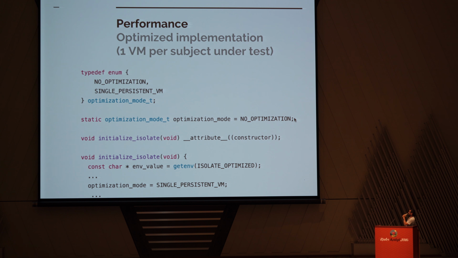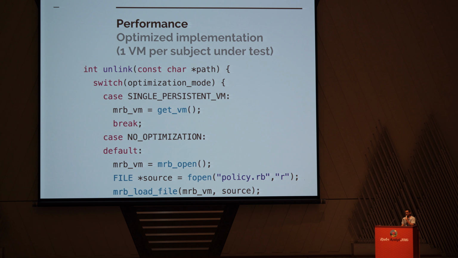It was also a way to get some arguments from the environment, like the isolate optimized thing. Based on that, at the top of the unlink function, it was also a way to make a switch. If it's a single persistent VM, just get the VM that already exists or create it. But if there's no optimization, like the first naive implementation, create a new one every time.